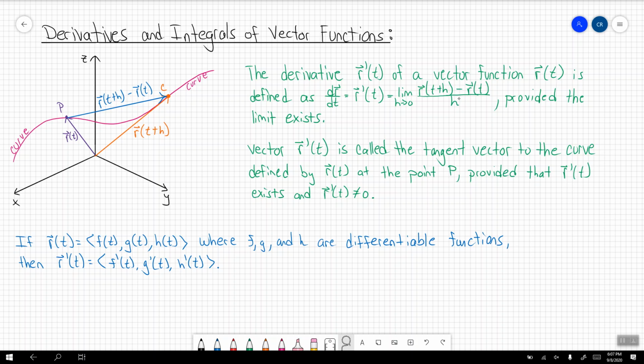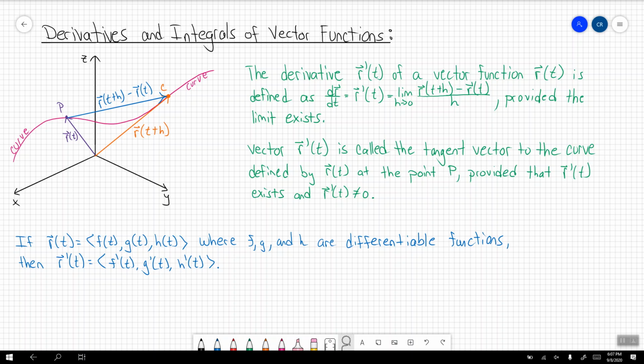Now, once we start dividing by h, we have to keep in mind that we're taking the vector we subtracted and dividing by a scalar, or we can say that we're multiplying by 1 over h onto this subtraction vector. So we then have to figure out what is happening as your h value keeps getting smaller and smaller.